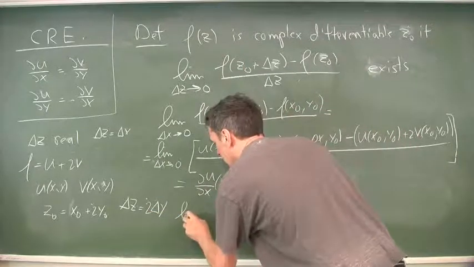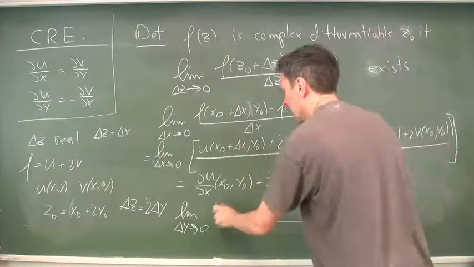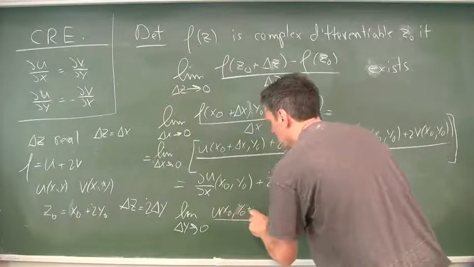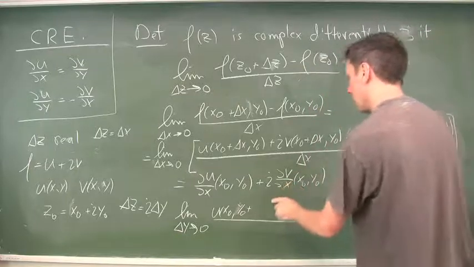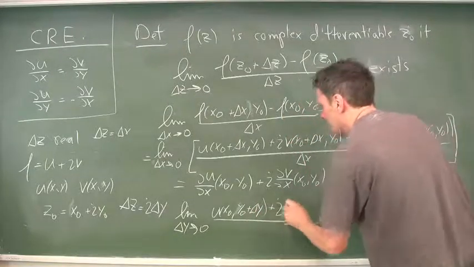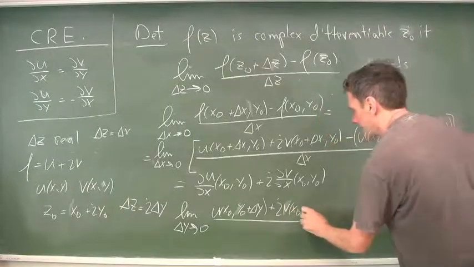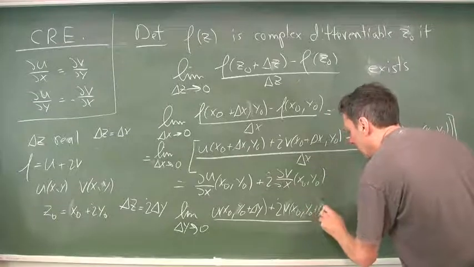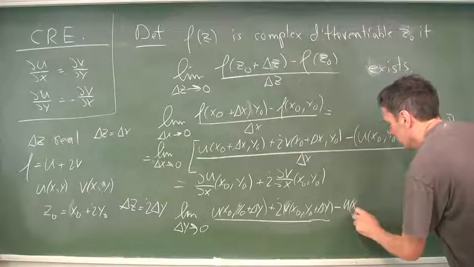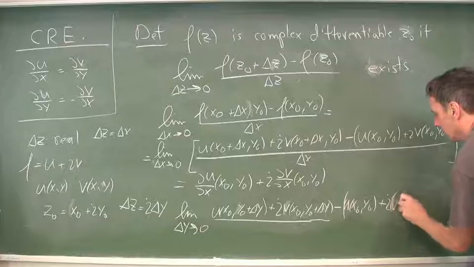And then we instead get the limit when delta y tends to 0 of u of x naught, y naught plus delta y, plus i times v of x naught, y naught plus delta y, and then minus u of x naught y naught plus i times v of x naught y naught.